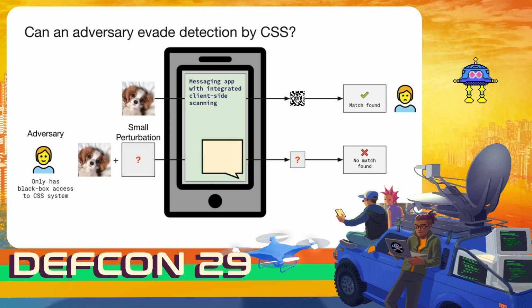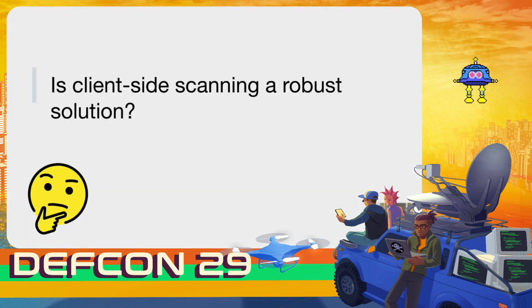For example, if I want to send this image, which if sent would be flagged, then as an adversary who has black-box access to the digital fingerprinting algorithm of the CSS system, what I want to do is change this image with a small perturbation such that my fingerprint is now not detected by the system and I can bypass detection easily. So the question that we are asking here is basically, is client-side scanning a robust solution?